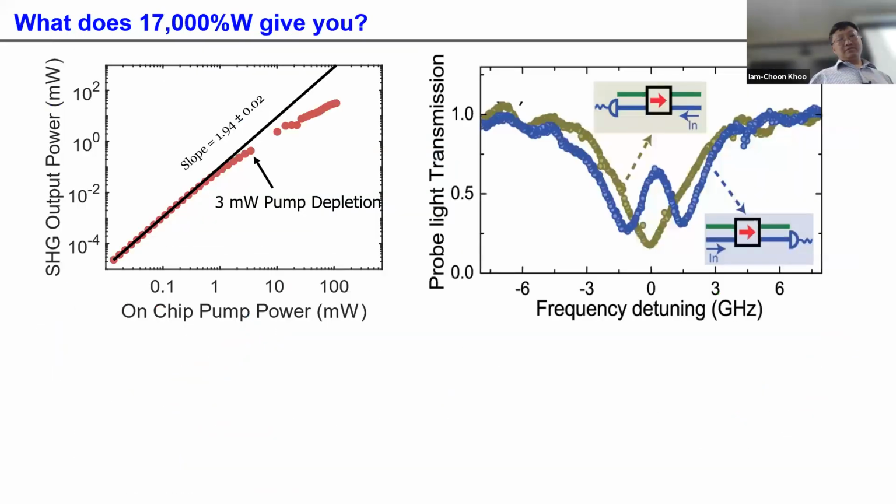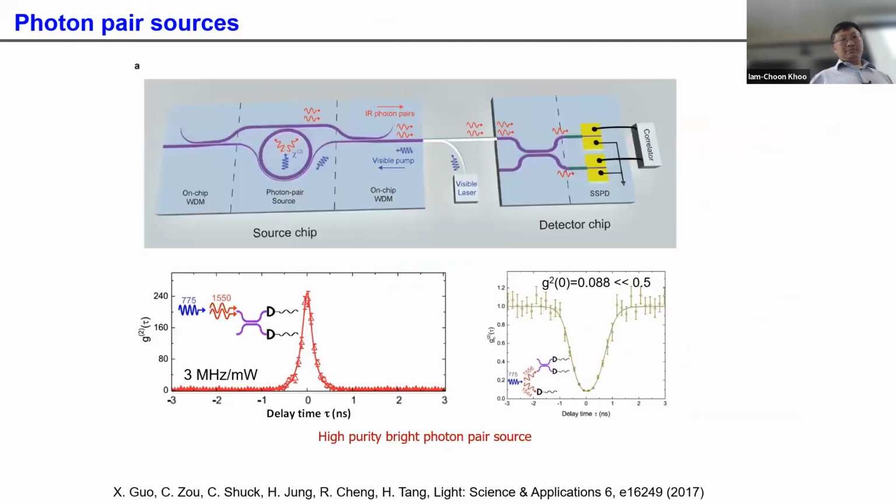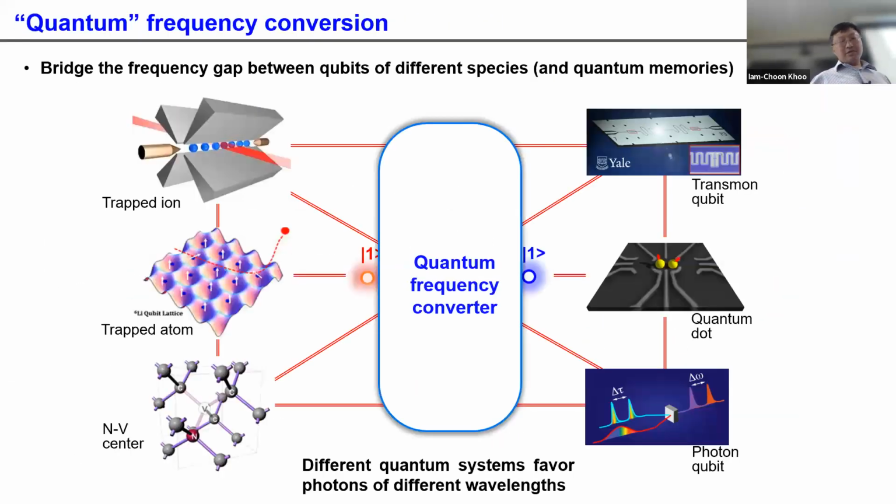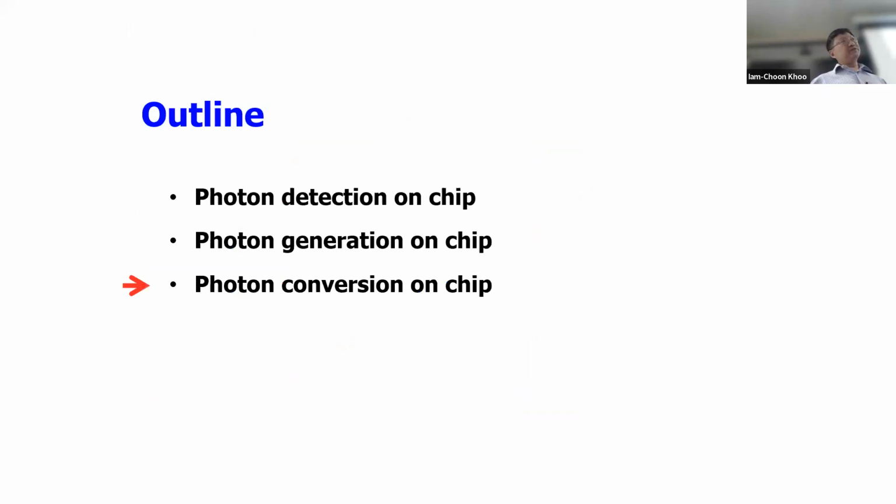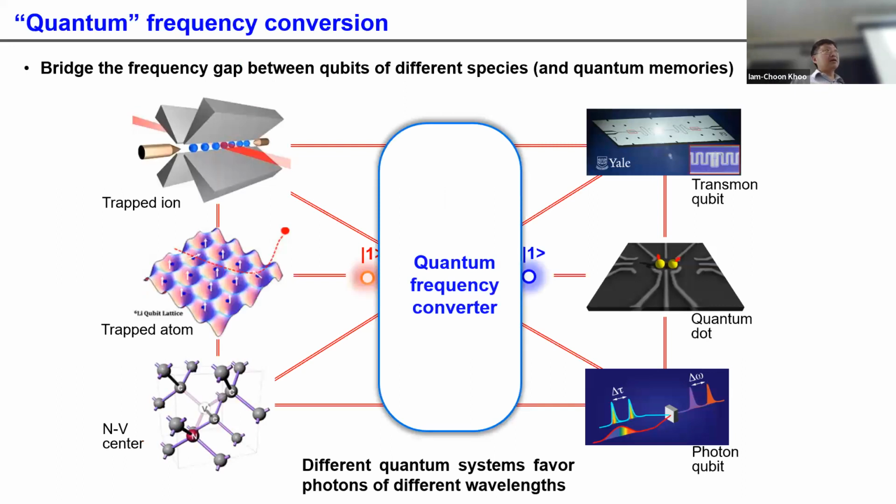Any other question? All right, so let me go on to photon color conversion. I already showed you some conversions like second harmonic generation and parametric down conversion, but they're a little bit different. When we talk about frequency conversion for quantum state transfer, we're talking about transferring quantum states between different qubit systems and distributing quantum entanglement between them.